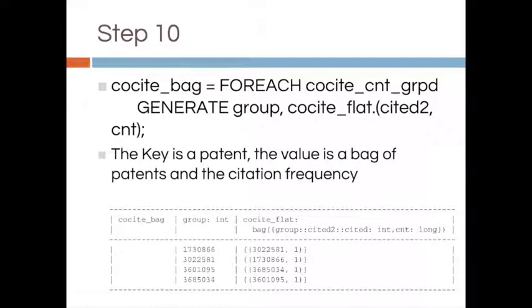That would just be a for each loop, and for each entry in the previous table, we would just generate a new group attribute, which stays the same, but for the second cosite flat column, we can use the dot operator to extract only the last 2 fields from the previous column. The key is now the patent, and the value is a bag of patents and their citation frequency.